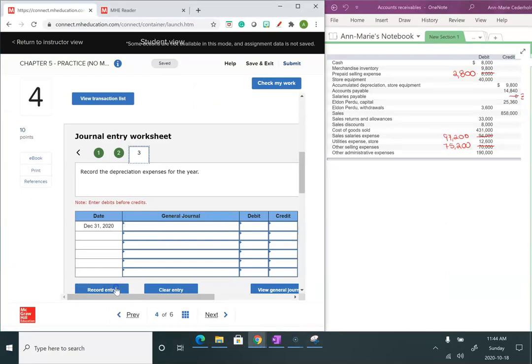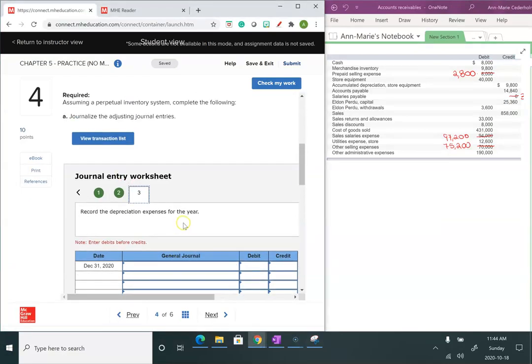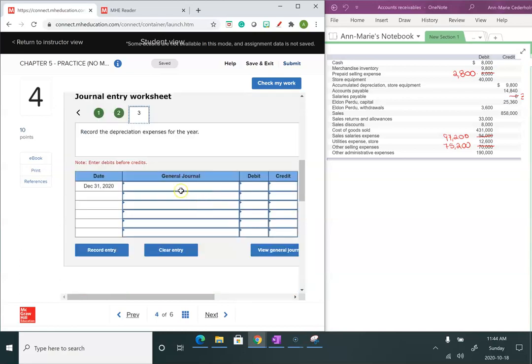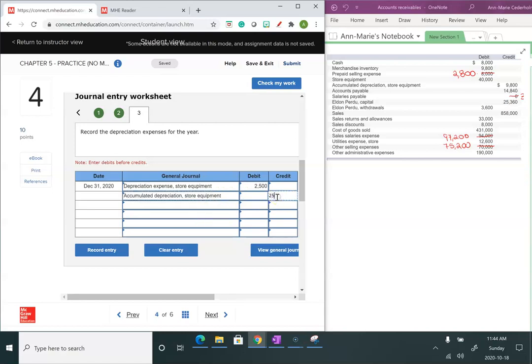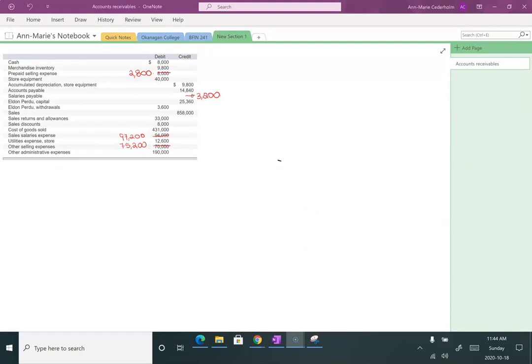So I'll record that journal entry, and now I need to record the depreciation expense for the year, and that's $2,500. So let's see here. Depreciation expense, $2,500, and accumulated depreciation, $2,500. And I'll just update my trial balance as well. I'm just looking for depreciation expense, and there isn't one yet, so I'll just write this in here.